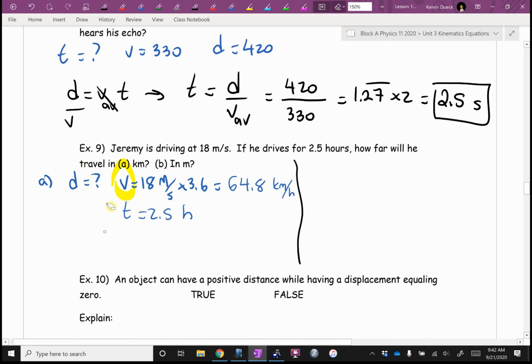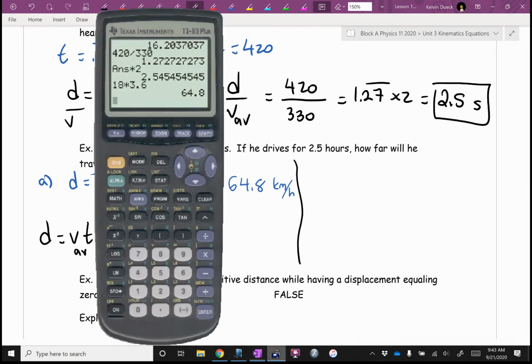So I think all I have right now is D equals VT. And this is an average speed. So it's going to be 64.8, using my answer button, times 2.5, which is what?